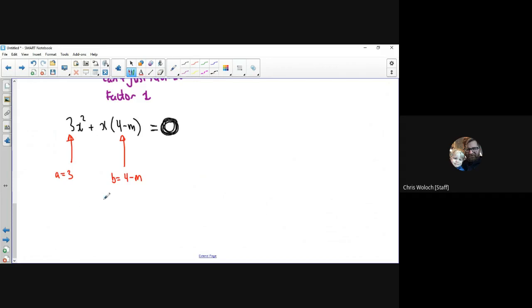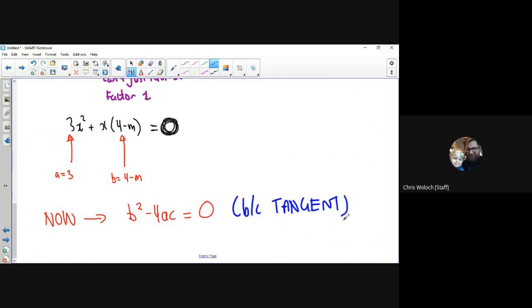So now we use the discriminant, b squared minus 4ac. Again, we're going to set it equal to 0 because in the question we want it to be a tangent.